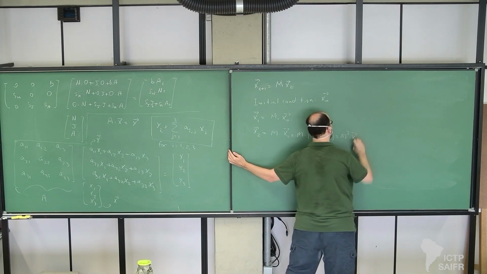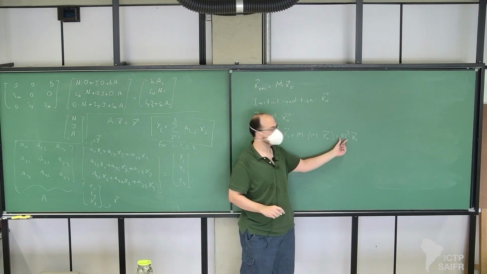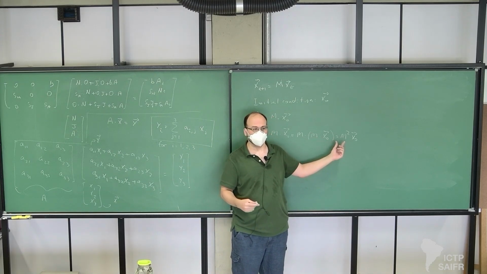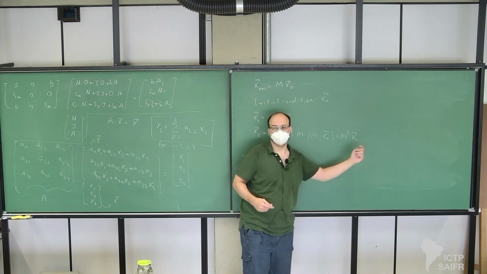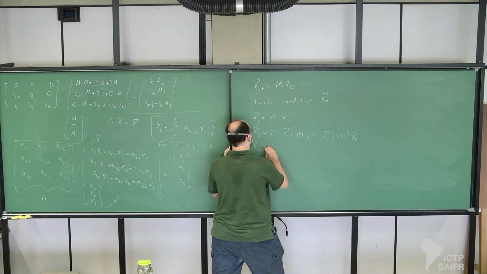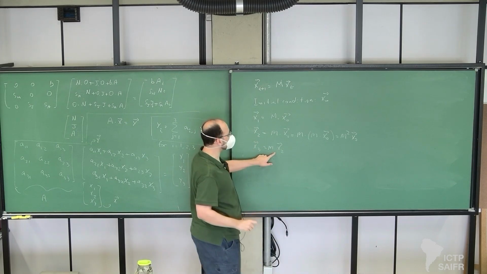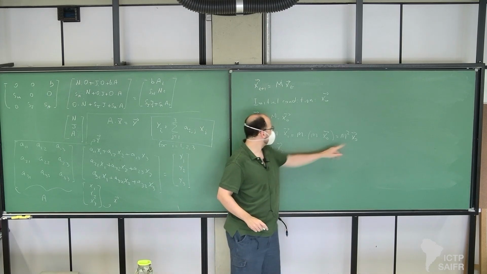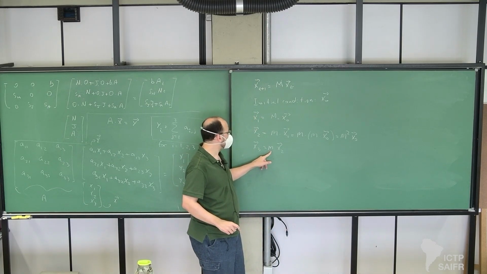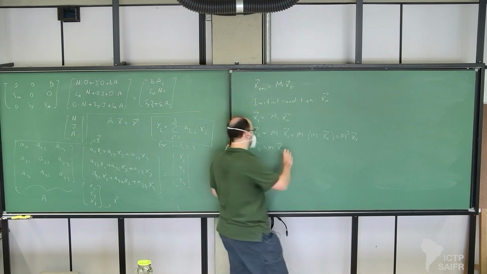So instead of making this product and then this, I can take the product of these two matrices, M squared, and then multiply by x0, okay? And then for x3, it's pretty much the same, right? So x3 is M times x2, okay? But then x2 is M squared times x0, so multiplied by this M here, x3 will be M cubed times x0, okay?